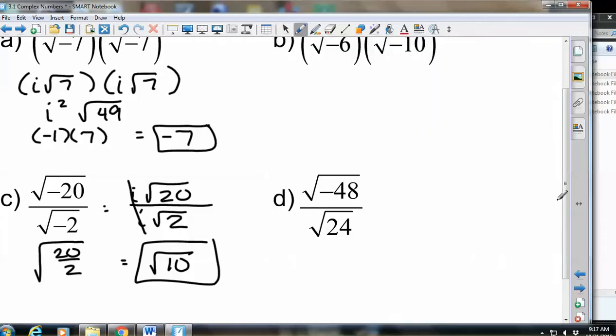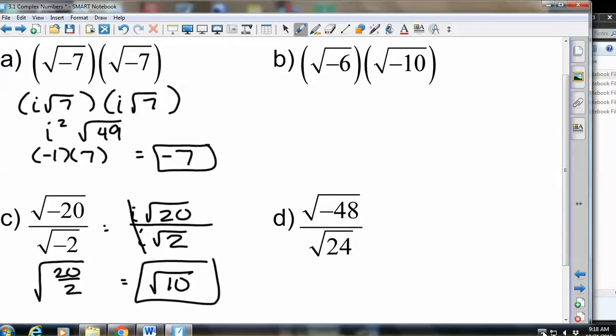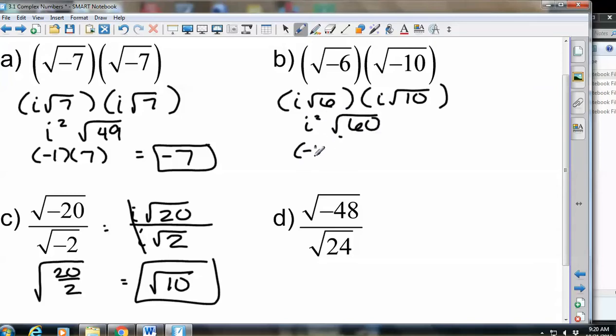Why don't you guys try a multiplication and a division? Okay, so on B here, first take out your i's. If you multiply, you get i squared radical 60. i squared is negative 1. We can break up the square root of 60. 60 can break into 4 and 15. Square root of 4 is 2, radical 15.